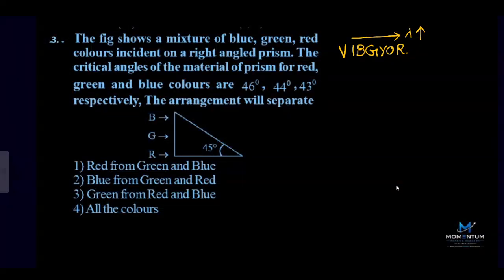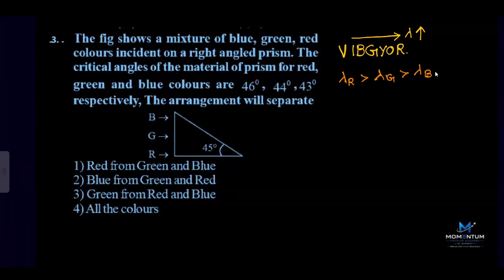Now, if the wavelength increases, the refractive index also increases, keep that in mind. So the wavelength of red is greater than that of green, and thereafter the wavelength of blue. This is the order.